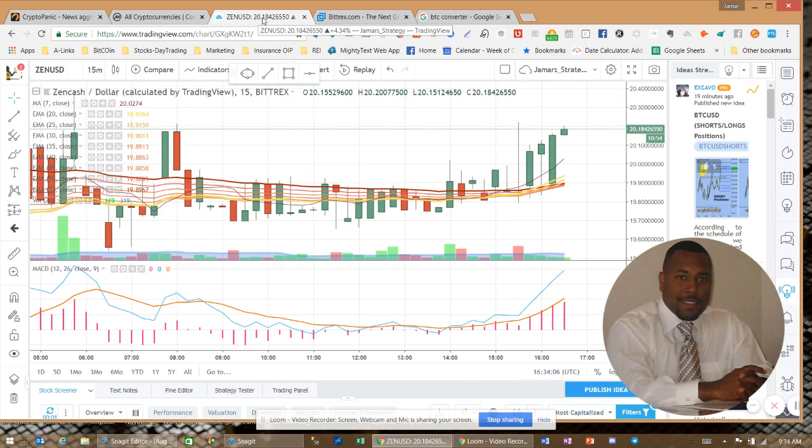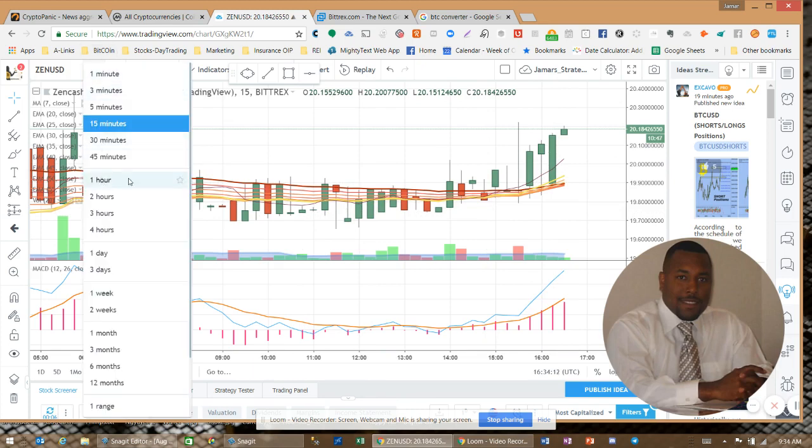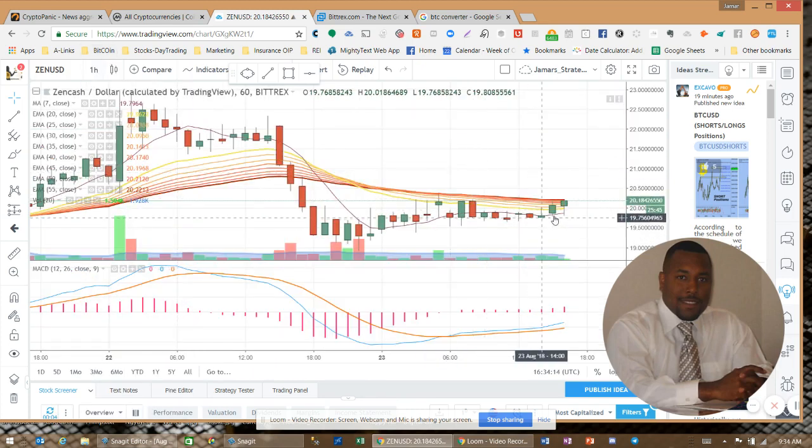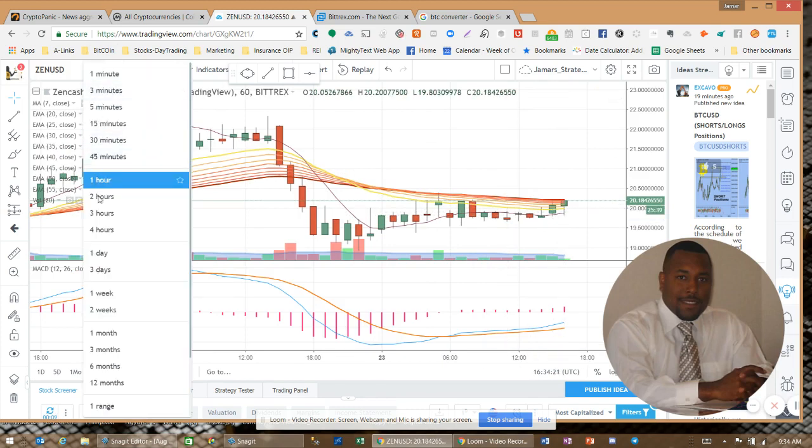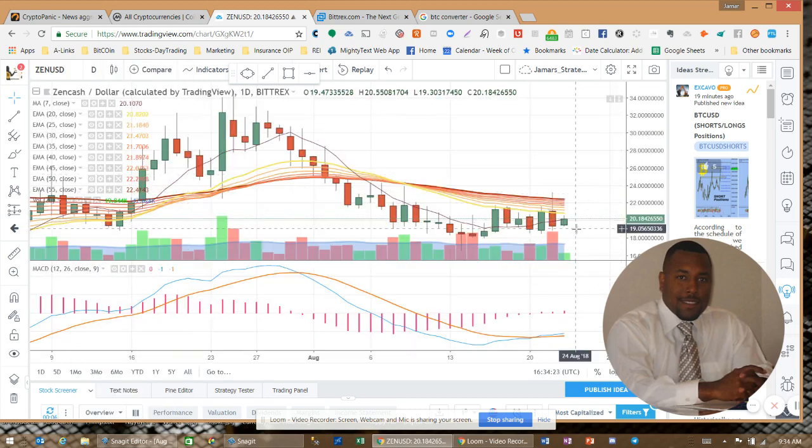So let's do Zen, because actually I like 3 candlesticks. 3 candlesticks is always a good indicator that it has momentum, and it's just starting at 3 right here, where the support is at 1980 on the 1 hour, and on the day it's at 19. So it really gives a good upside. So let's do Zen.